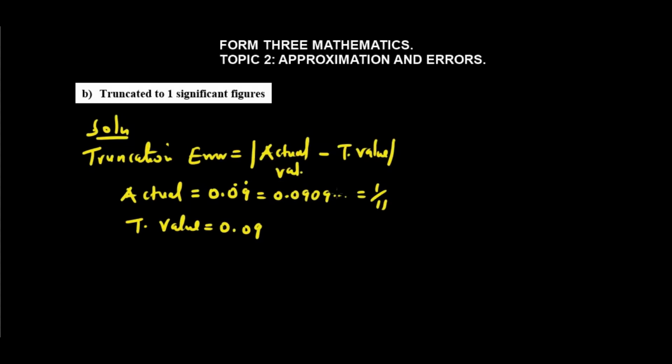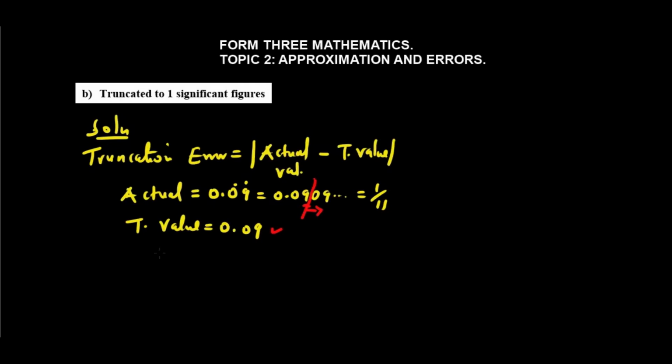Now remember, for this particular case, when you truncate 0.0909 recurring to one significant figure, then we begin counting the significant figures from here. So this is the first significant figure, and you count towards the right, and because it's one significant figure, then it's 9, and then the next value is less than 5. So truncation means we chop off so that our value remains 0.09 when truncated to one significant figure.